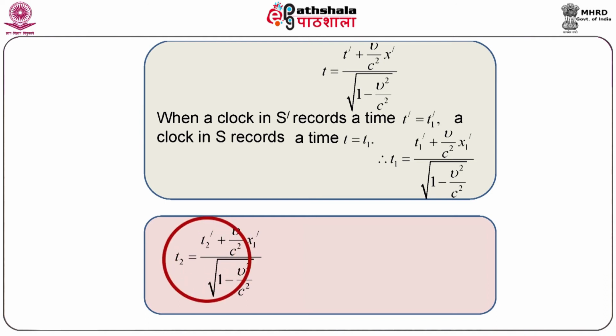Please note that here only we change the time, not the position of the clock. The clock is at the same position which is given by x dash equal to x1 dash. Please note it.